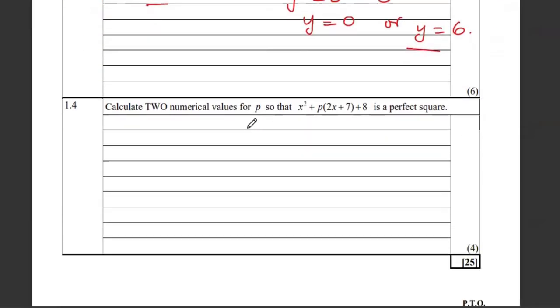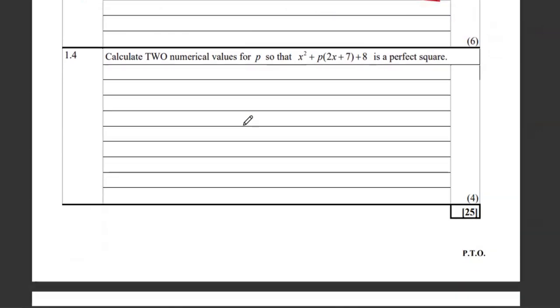1.4, calculate two numerical values for p so that this entire expression is a perfect square. Okay, so one thing we know is that for us to get a perfect square, the discriminant should be able to give us a perfect square itself.